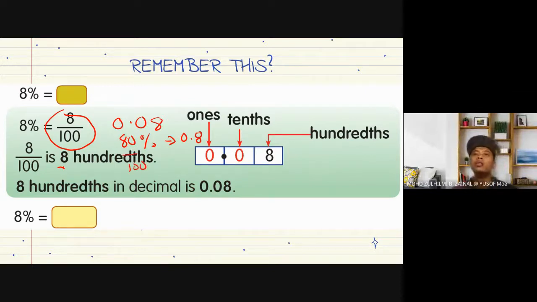So 8 over 100 is a single number, 8, which should be 0.08.